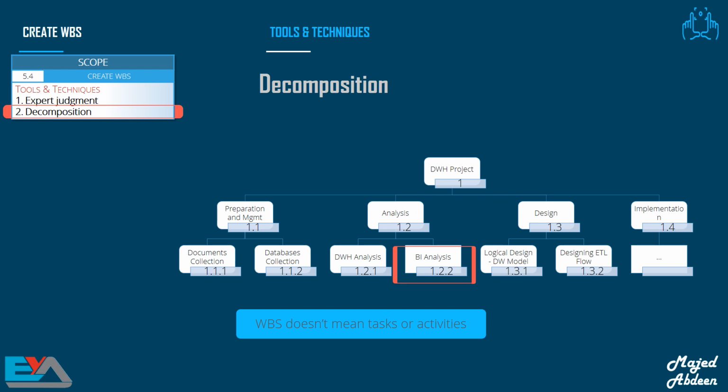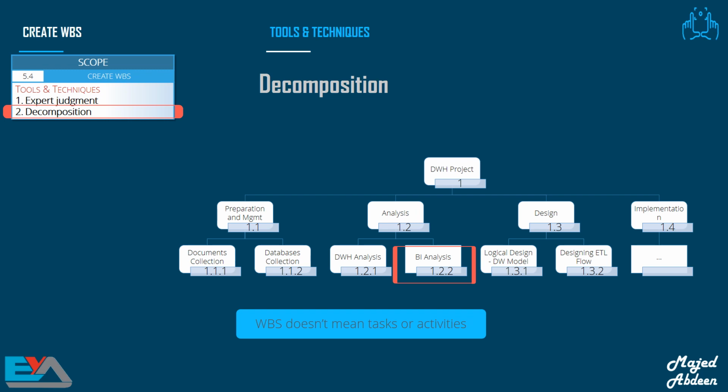Let's take one work package of them as an example. Let's say BI analysis, that is business intelligence analysis. BI analysis is not an activity or task your team does. Each work package should consist of nouns, in other words, the names of things, rather than verbs or actions. I will explain the activities and tasks during the next chapter in the schedule management knowledge area.